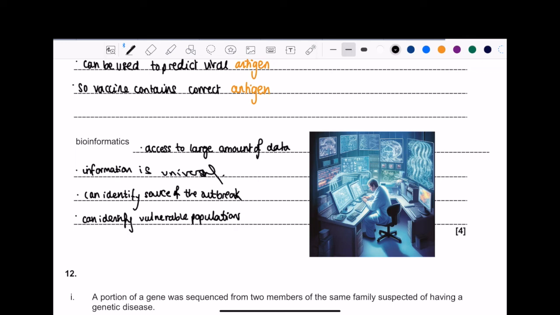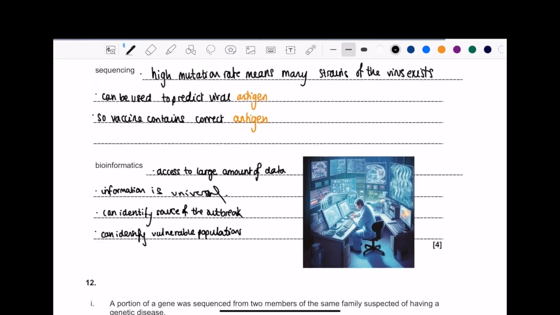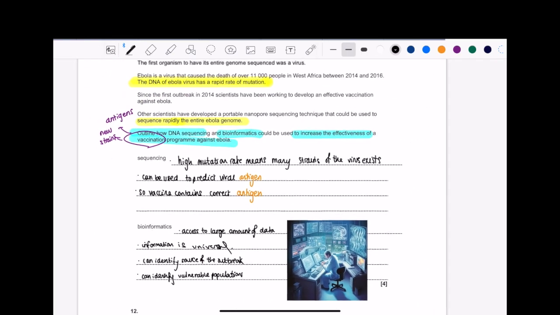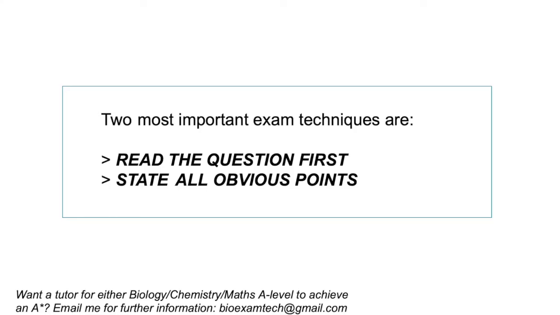Back in the day, we probably wouldn't have understood these points to the level we can now. Identify vulnerable populations: look at the news, that's what happened. Elderly people, people who are pregnant, people who have HIV were identified. Or where is the source of the outbreak? Where did it start? Who is it going to next? Where has it gone? So bioinformatics is actually a really interesting field, knowing what we know now. So that's a 4 marker.